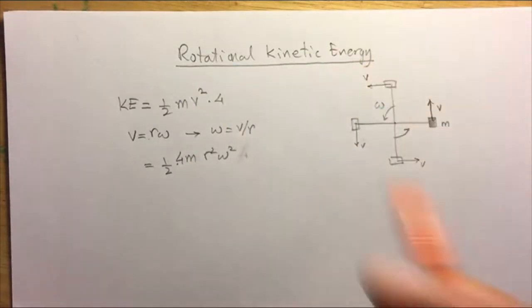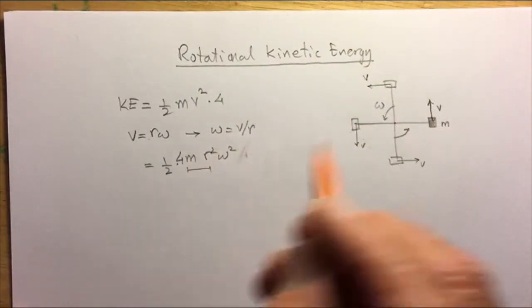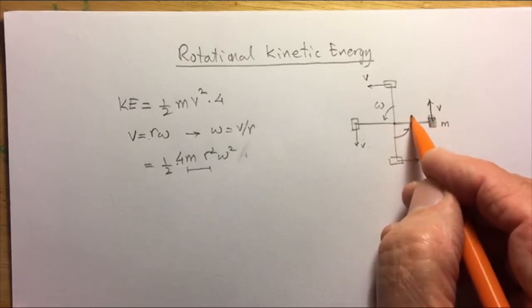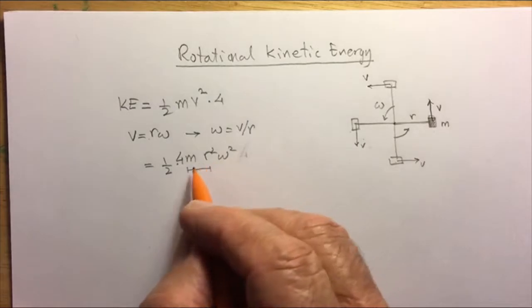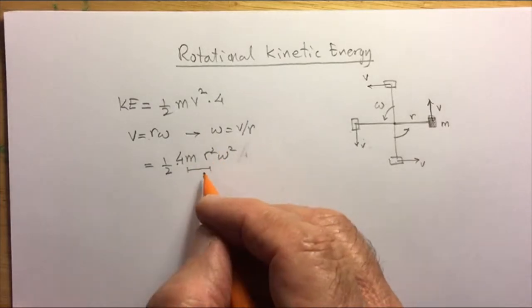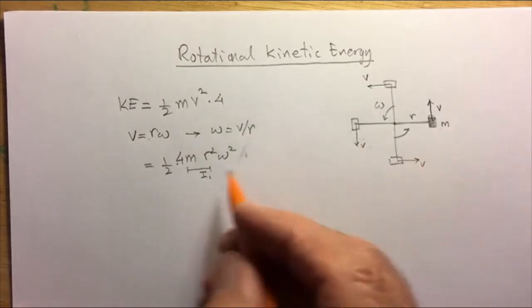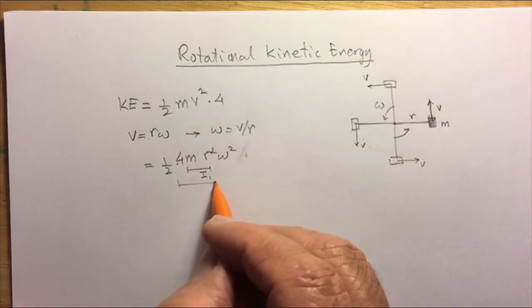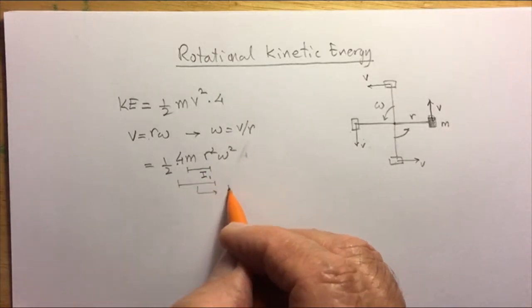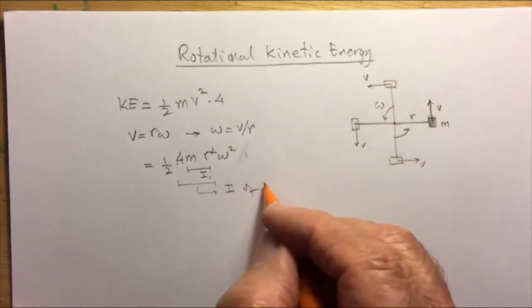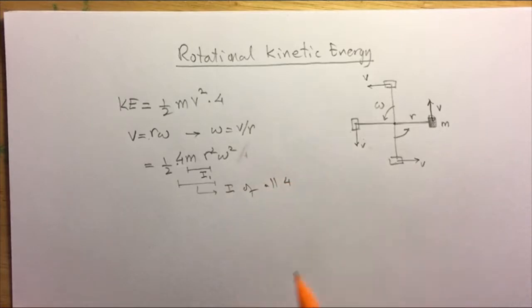So this m r squared is the moment of inertia of this mass about this axis, and this distance is r. And so that's the moment of inertia of the mass m1. And the whole thing, 4 times m r squared, will be the moment of inertia of all four masses about this axis.